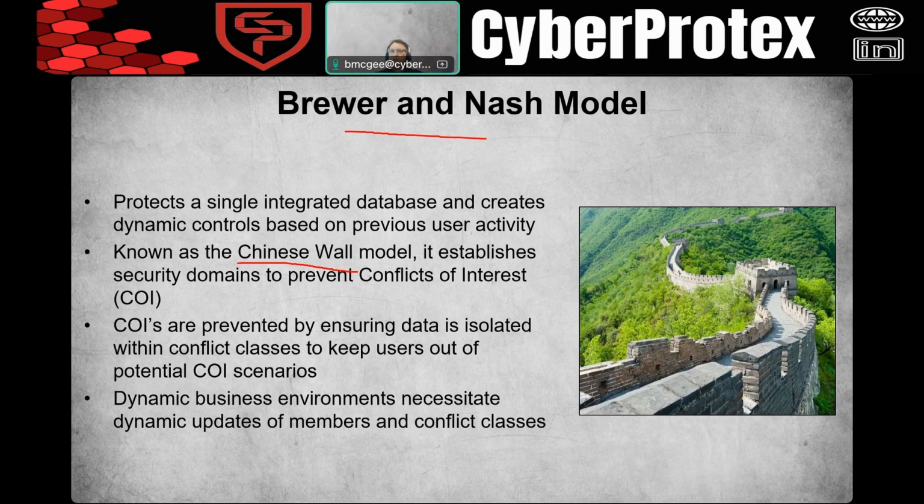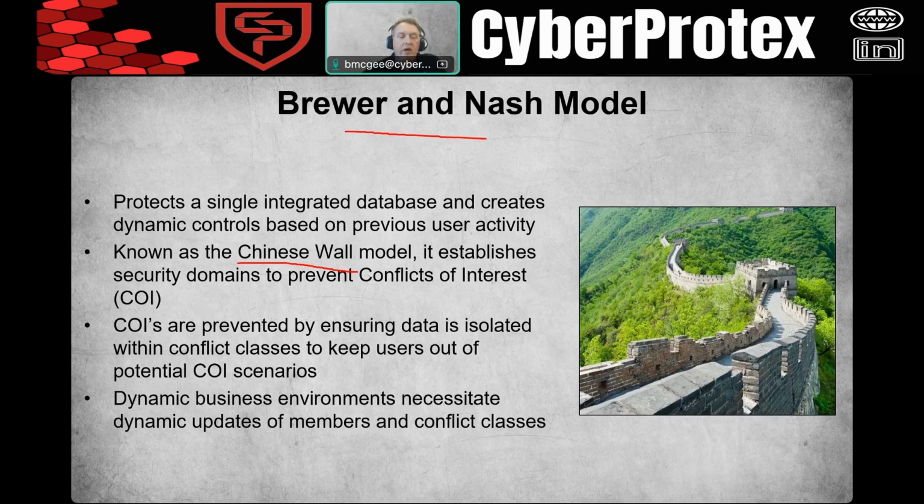It just doesn't make me feel confident that I'm going to be able to be objective or unbiased with the decision here. So I'm going to recuse myself. And so that's the scenario where you throw it over the Chinese wall to somebody else to avoid a conflict of interest. And so that is the Brewer-Nash. And that Brewer-Nash definitely comes in handy, right?